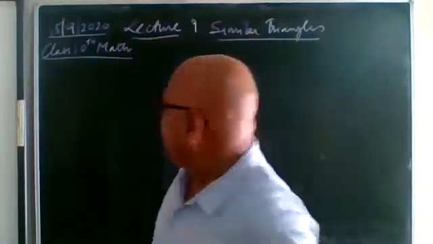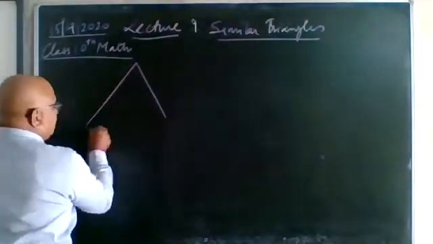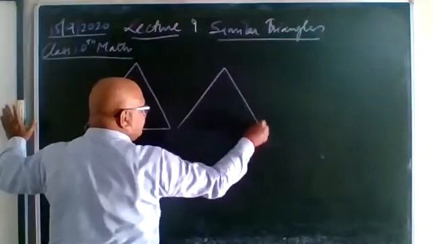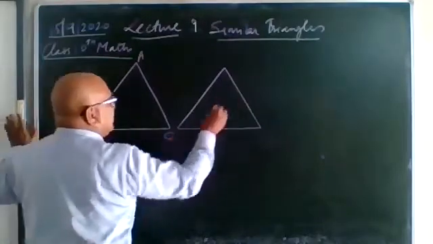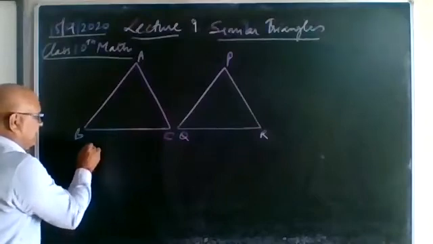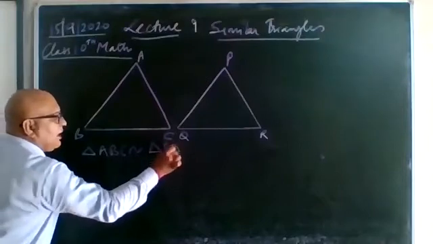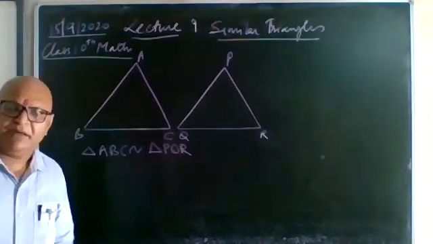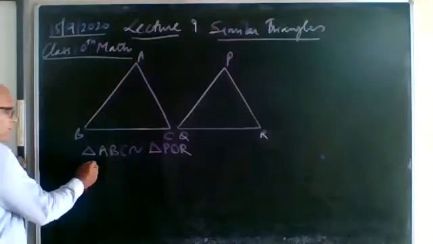So what you have said here, this is one triangle, this is another triangle, A, B, C, P, Q, R. Triangle ABC is similar to triangle PQR. So what you will say?